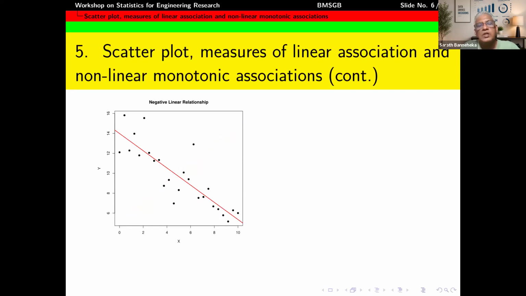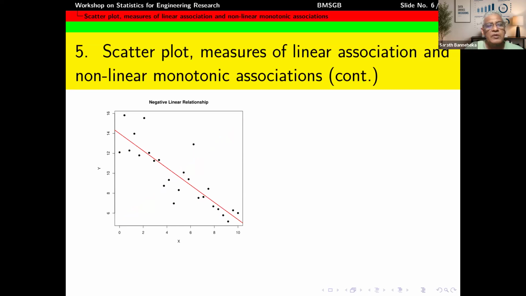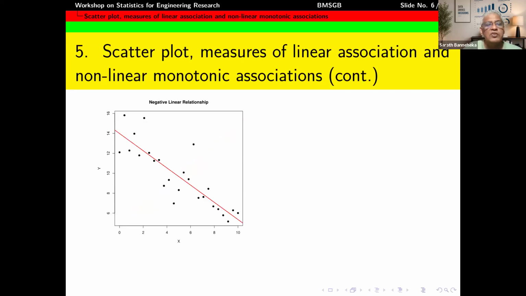For example, if you look at these two graphs, because the scales are comparable, the strength of the linear relationship seems to be a little stronger here than here. But if somebody else drew the same points in a larger graph, he might even say the strength is less for this graph than this one.